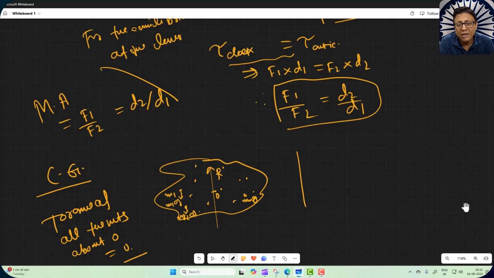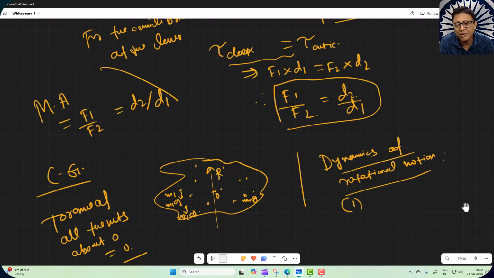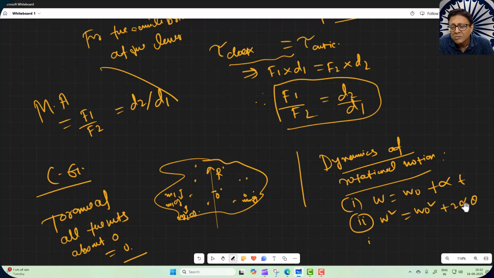Now, if we consider dynamics of rotational motion, we have to pay attention in the equations of motion. That is, for a rigid body, these equations are valid: omega square equal to omega 0 square plus 2 alpha theta, and then theta equal to omega 0 t plus half alpha t square.